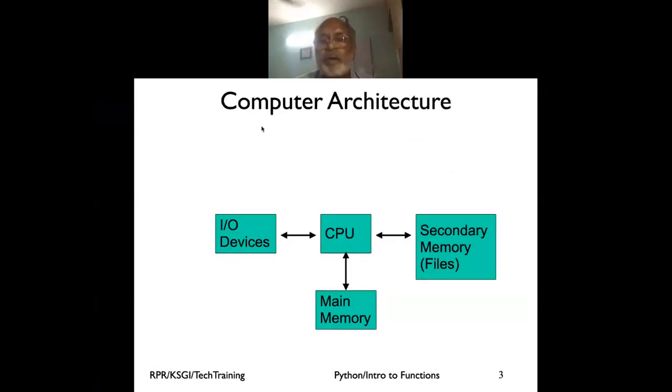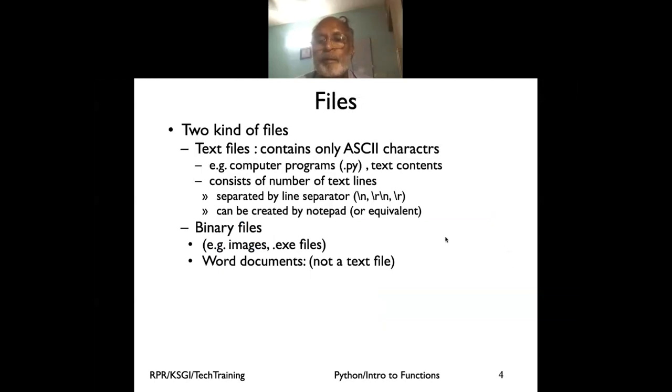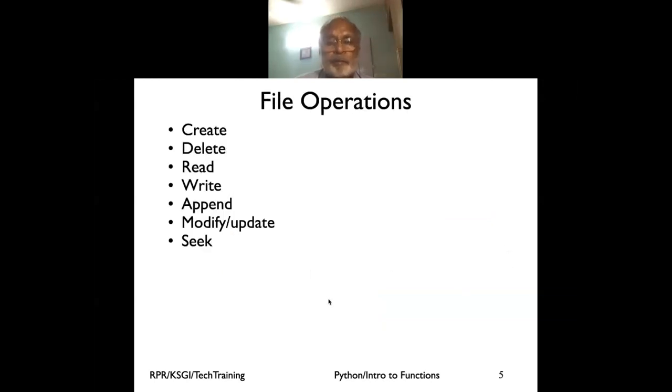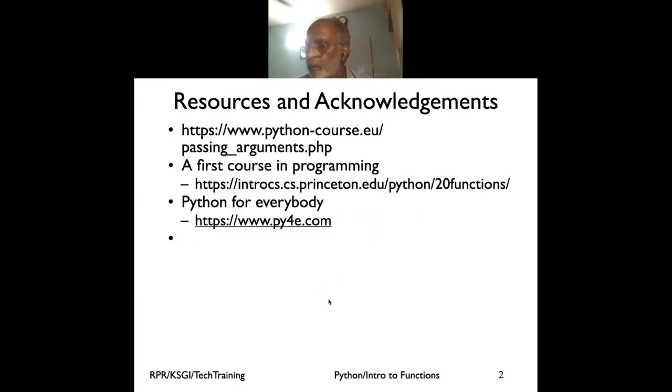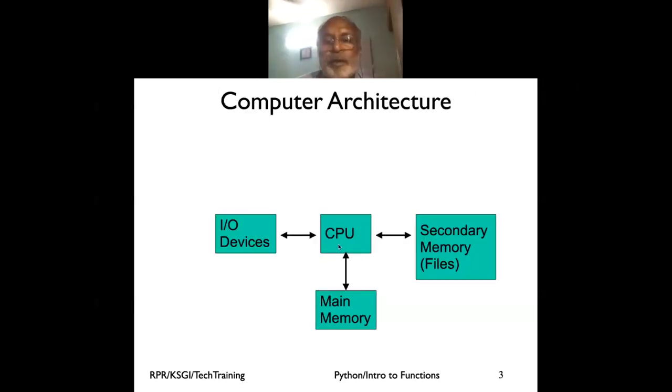So first look at what our computer system really means. We have basically the CPU, the main machine, then we have the main memory which is called RAM, where our programs and other things run.